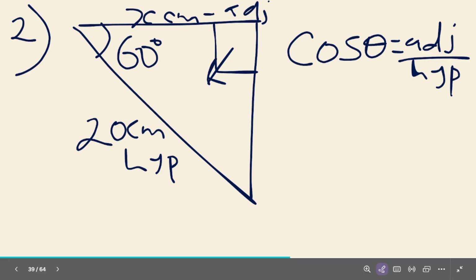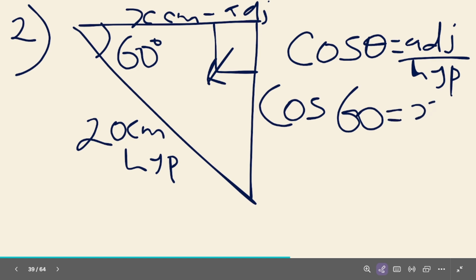So the angle here is 60. So you substitute your theta with 60. Your adjacent is not known, so you bring in x. Then your hypotenuse is known, which is 20. In this case, I will use fraction. So use your calculator, check out cos 60.